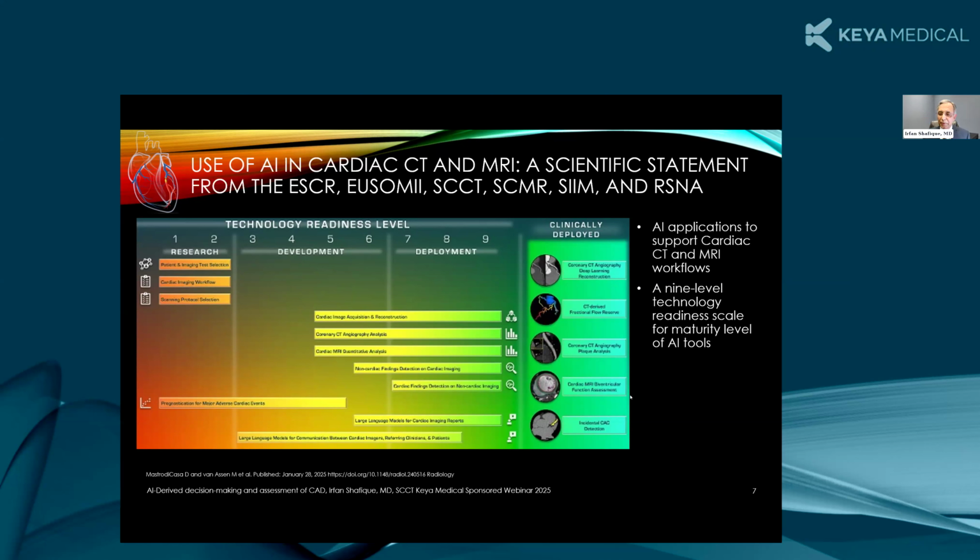There's a 9-level technology readiness scale for AI, for the maturity of an AI tool, from research development to deployment. And look here, most of the deployed AI software is in CT: deep learning reconstruction, deep learning in fractional flow reserve estimation, plaque assessment, cardiac functional analysis, and calcium identification.